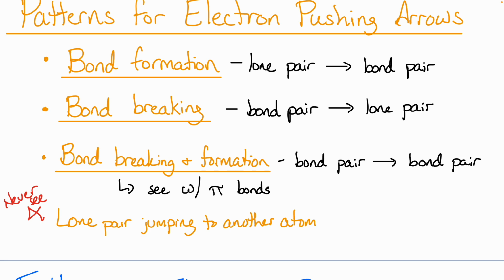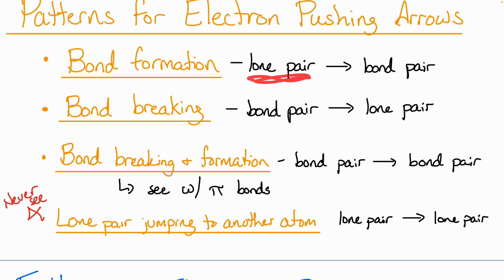In all of our bonding patterns here, we will never see a lone pair just becoming a new lone pair on a different atom. If our electron pushing arrow is starting at a lone pair, that means it must be forming a new bond. Lone pairs don't just jump from one atom to another. You can convince yourself there'd be no way to do it without breaking somebody's octet.